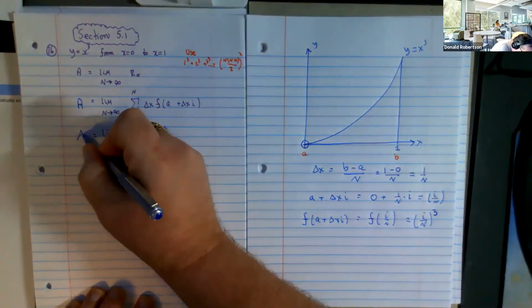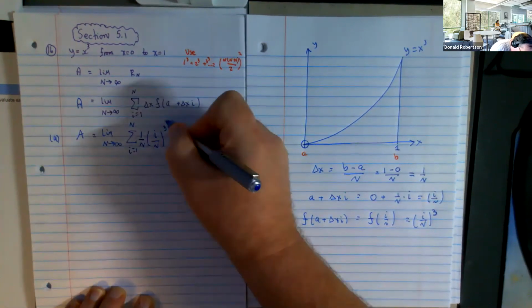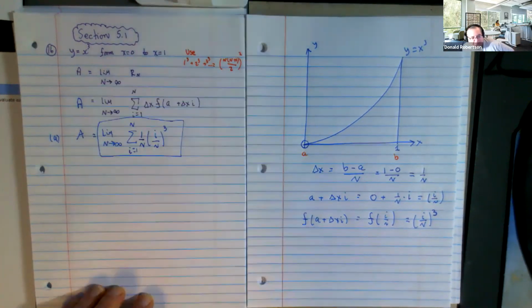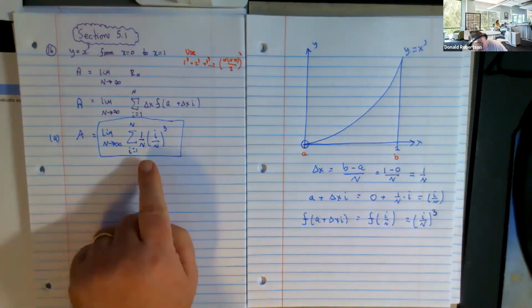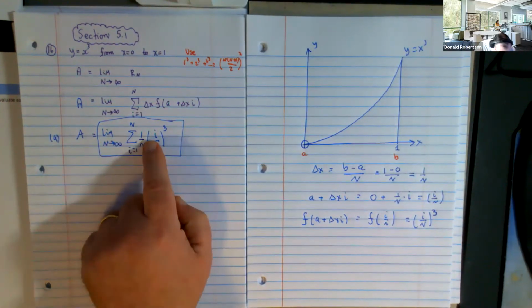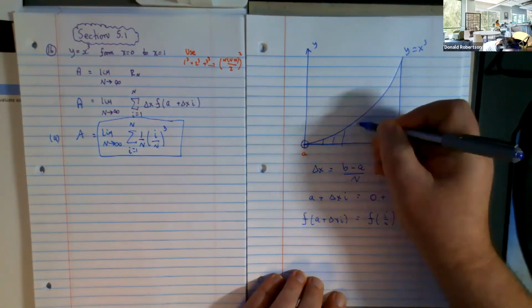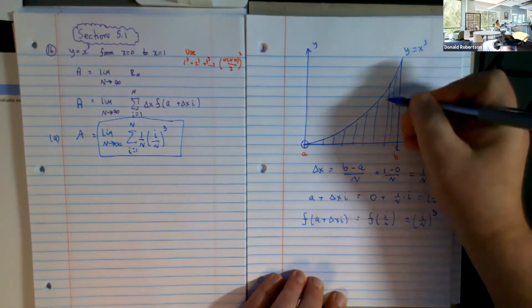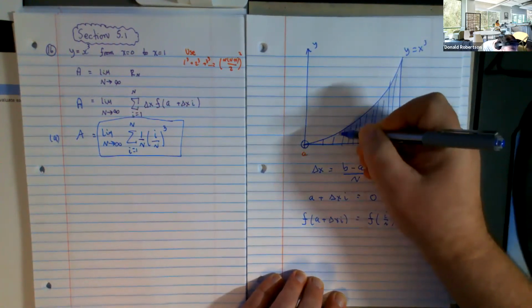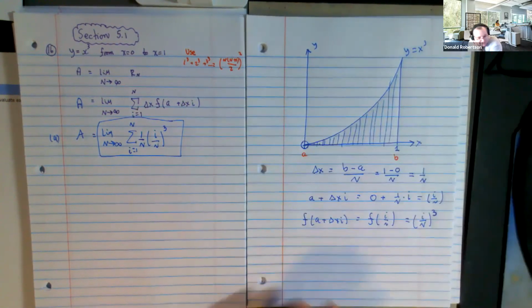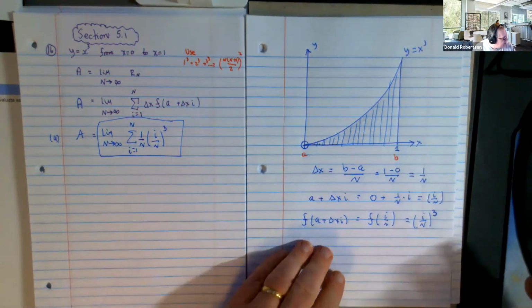That is the answer for A. So if I could find out what this is equal to when n goes to infinity, what I'm essentially doing is breaking this shape into an infinite number of very tiny strips. Can you imagine if you made enough strips, wouldn't you get a really accurate answer to the area under the curve? And if you could do an infinite number, theoretically at least, you'd get the exact area. So that's A done. Finito.